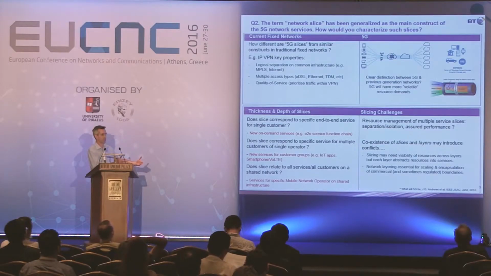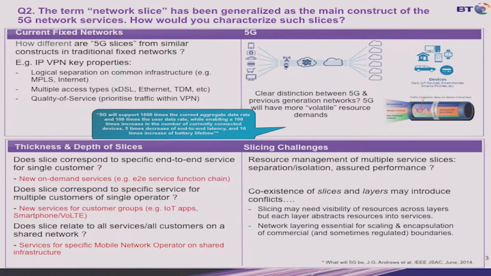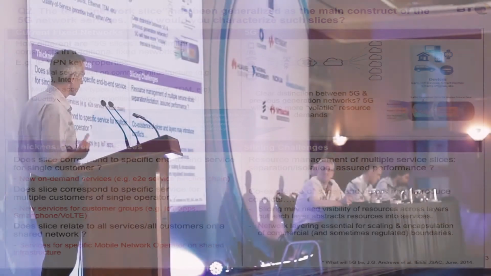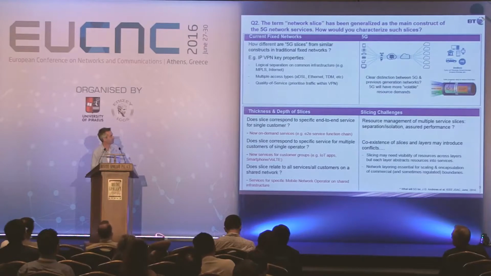Well, we logically separate and isolate customer traffic on a shared infrastructure, whether that's an MPLS VPN or based on the internet. And then we think of 5G, and everyone talks about multi-tenancy and slices to isolate and separate services on a common infrastructure. In the fixed world, we provide multiple access types to the VPN: fixed access, DSL, Ethernet, leased line. In the 5G world, we hear a lot about a diverse range of user handsets, IoT sensors, connected cars.